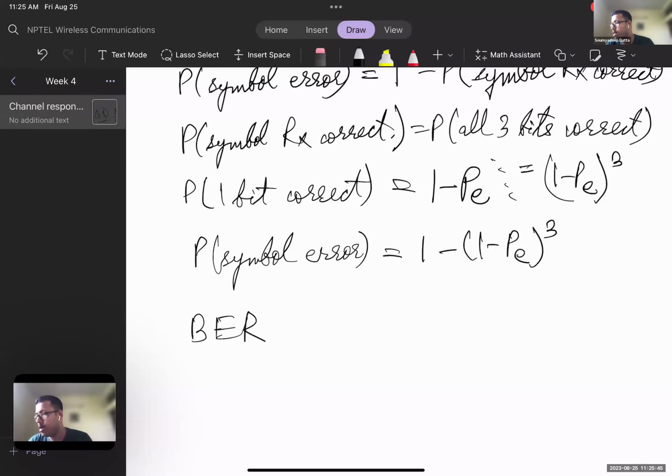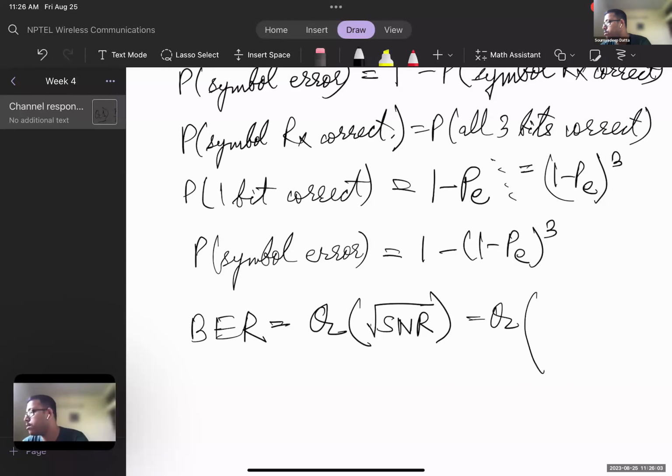Bit error rate, and there is a formula for this. It is essentially the Q function of the square root of SNR. That is, the Q function of the root of n times EB by N naught.